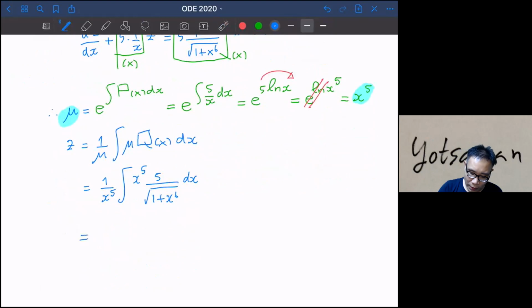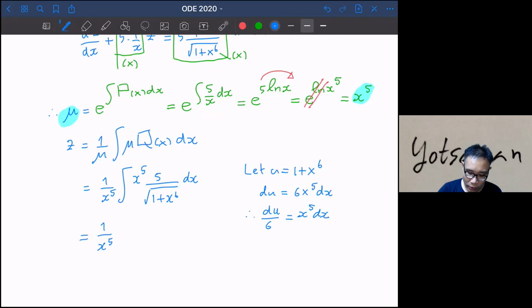You integrate this by using u equal to 1 plus x to the sixth, and du equal to 6x to the fifth dx. So you would get du over 6 equal to x to the fifth dx.